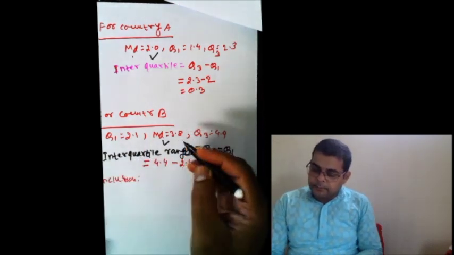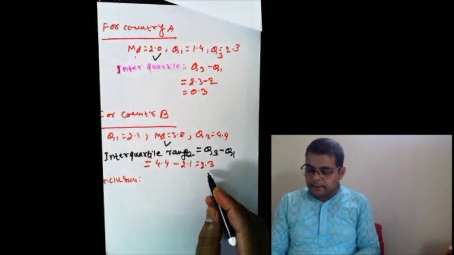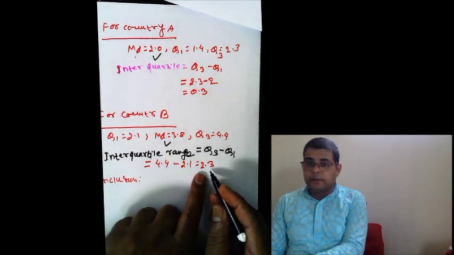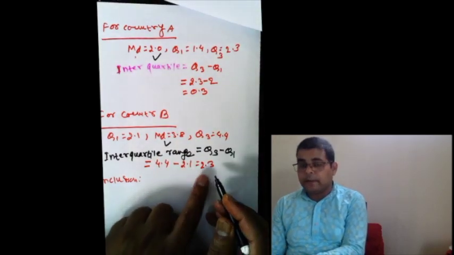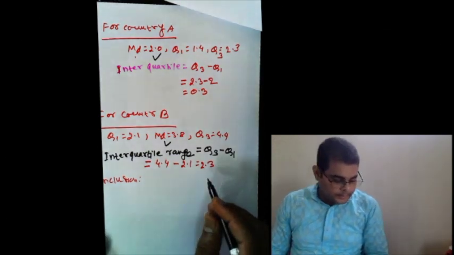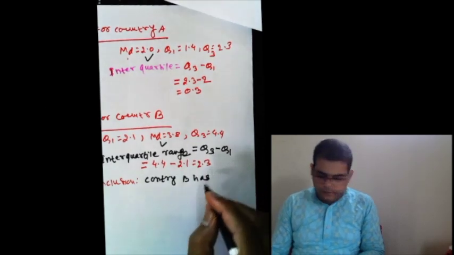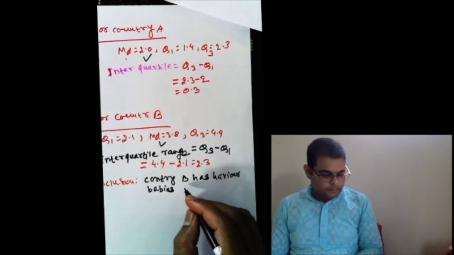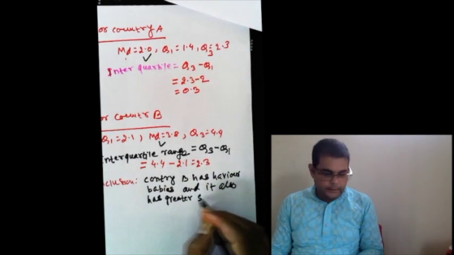And if you have a look at the interquartile range for country A data and for country B data, in country B you can see this value is bigger than that for country A. That means data is more variable in country B. So the weight distribution of the babies in country B is more variable. So how do you write this conclusion: country B has heavier babies, and it also has greater spread of the weight.